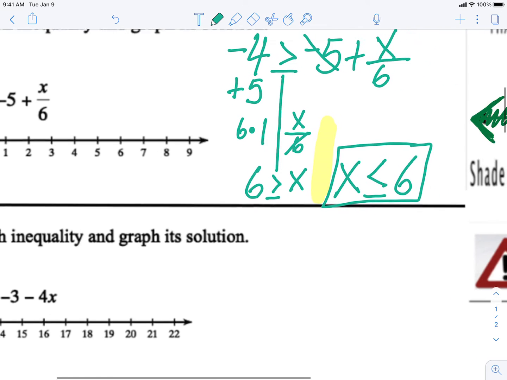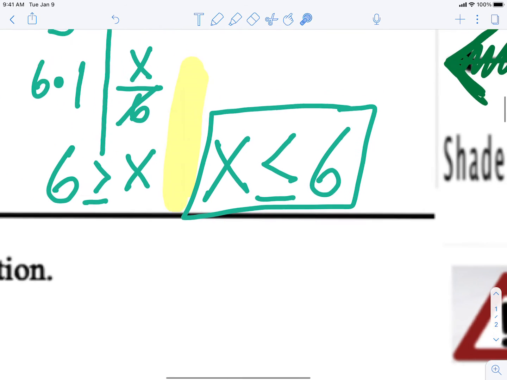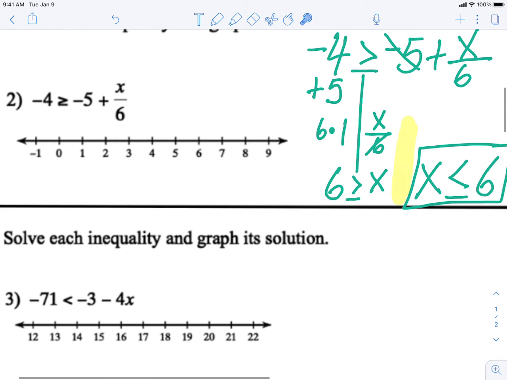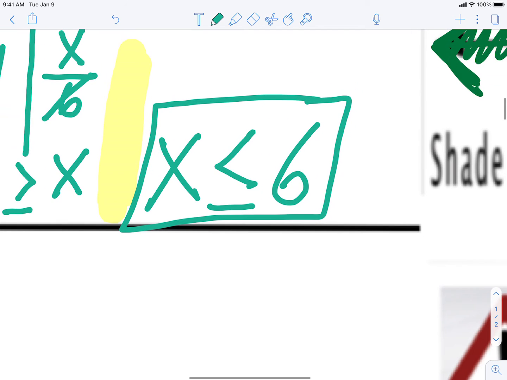So I'm going to graph. So I know I'm going to have a closed circle on 6. So let's find 6 here, and let's do a closed circle. And which hand do I use to make this arrow here?